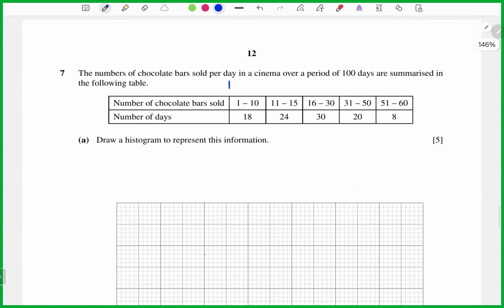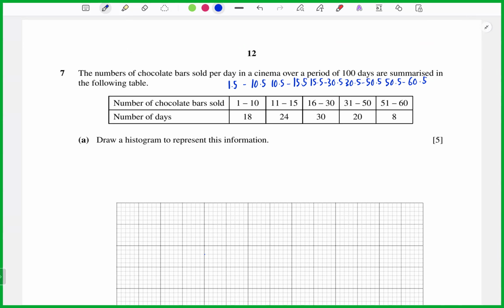You can write here the lower boundary until the upper boundary. 13.5 until 15.5. So 15.5 until 16.5.